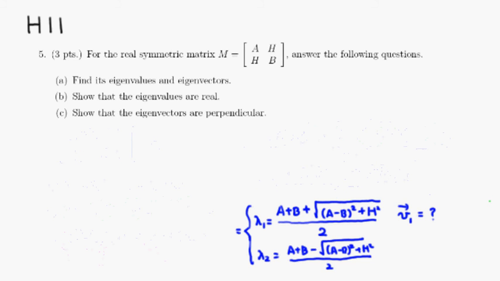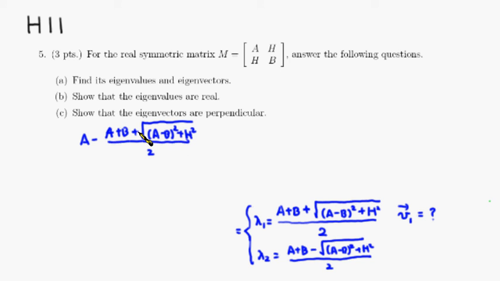All right. So what we need to do is remember A minus lambda. So we're going to do A minus lambda 1, which is this guy, so it looks really ugly. Not 4 plus b, a plus b, I meant, square root of (a minus b) squared plus h squared, and all over 2.